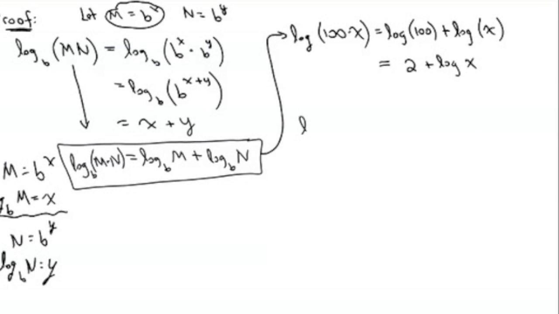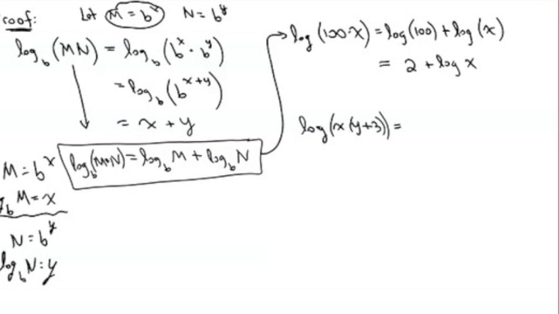So if you have something like log of x times (y plus 3), how would this expand out? Now remember, be very cautious. This law only works on multiplication. It does not work on addition or subtraction.